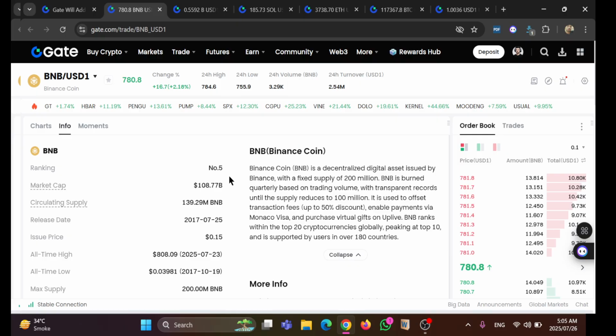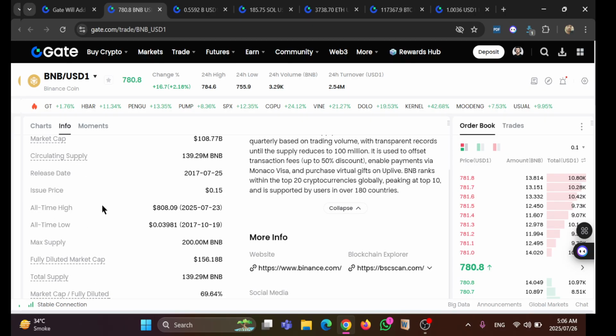BNB is ranked number 5, and its market cap is 108.77 billion USDT. Its circulating supply is 139.29 million BNB. It was released on 25 July 2017. Its issue price was 0.15 USDT. The all-time highest market price of BNB was 808 USDT, on 23 July 2015.